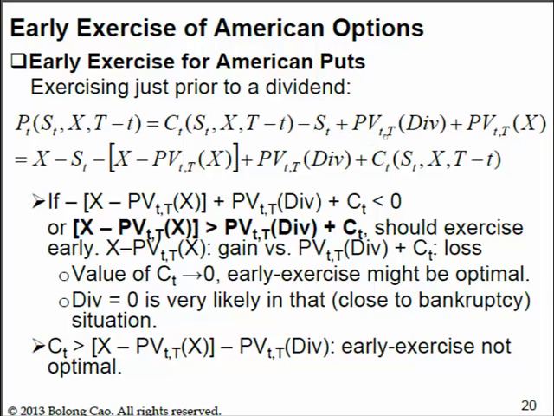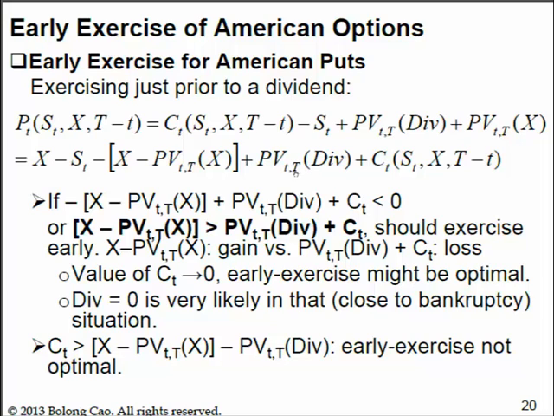We have to add the present value of the dividend back, and add the present value of the strike price back. So this is kind of a long discounted bond for the dividend and for the strike. Anyway, that's from the put call parity on American options.